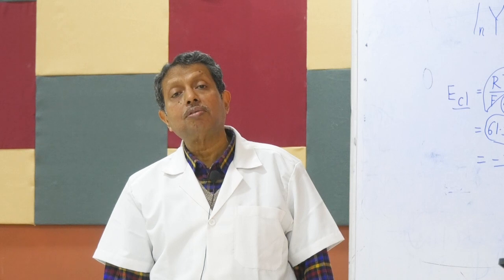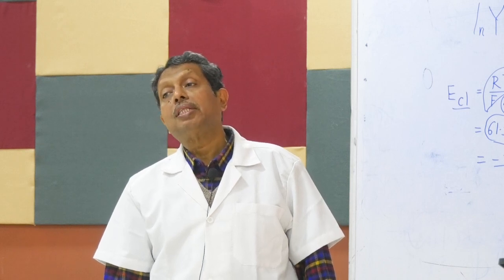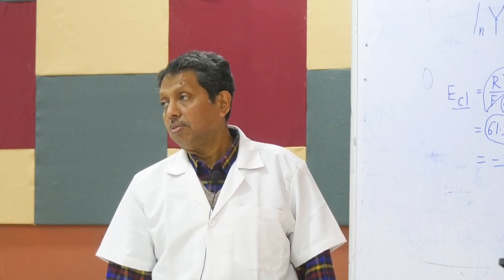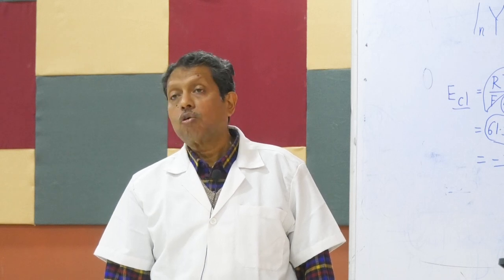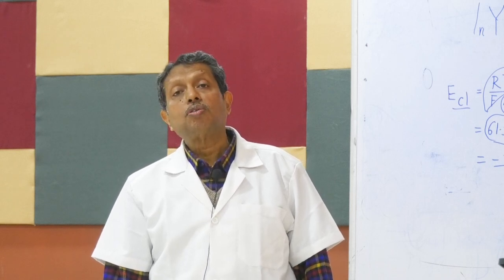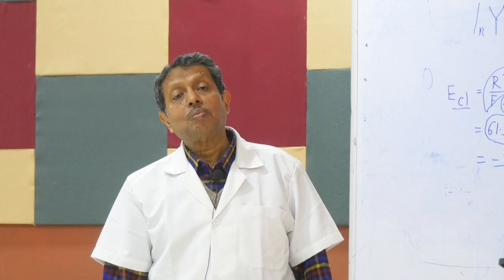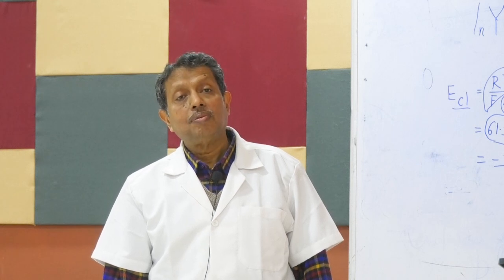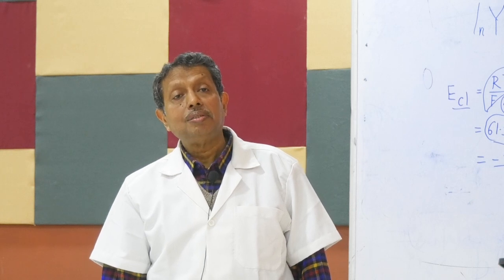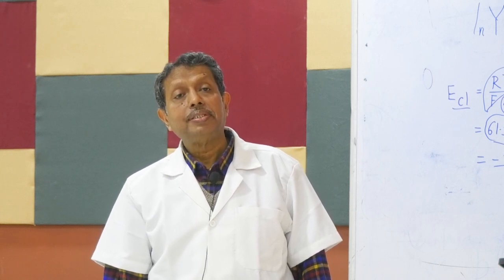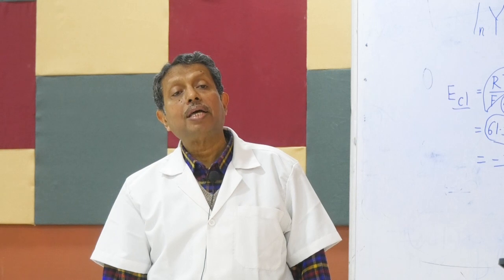The Goldman constant field equation considers all the three ions. And the chord conductance equation also considers these three ions. They consider conductivity.